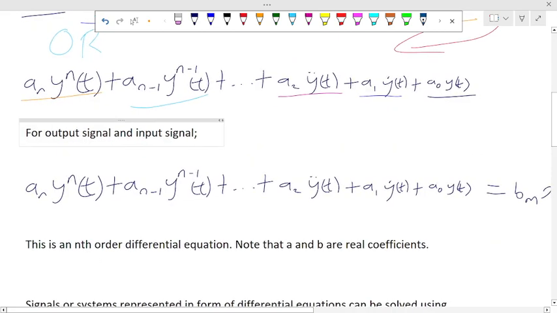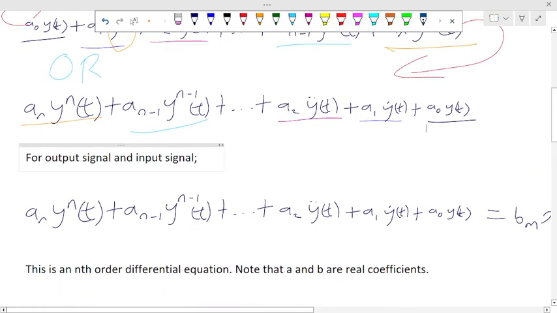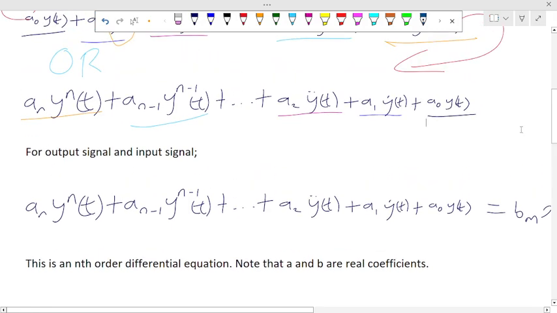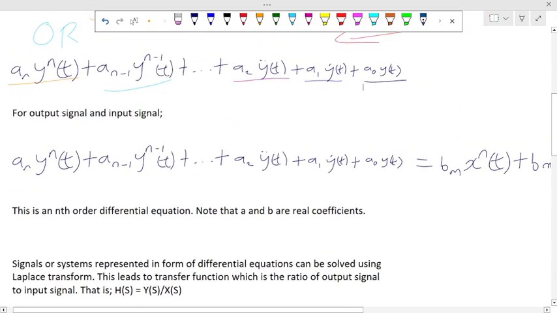Okay, now, so that's for the output signal. However, just bear in mind that this arrangement we've done for output signal y of t, we can just apply it to the input signal x of t.